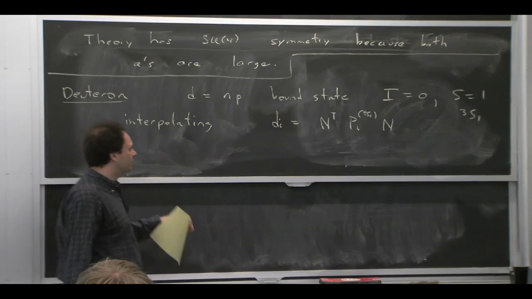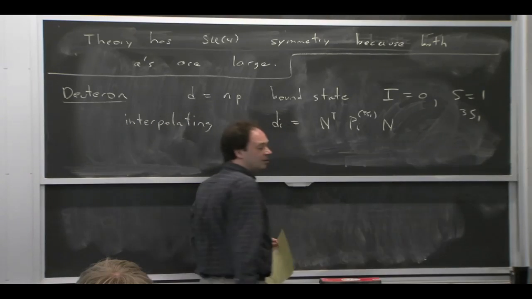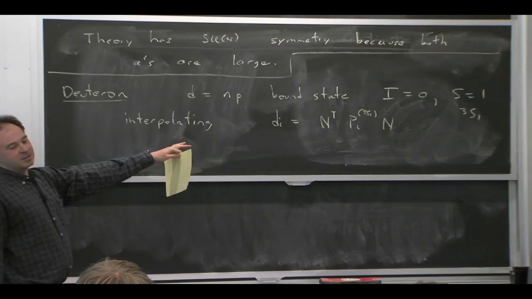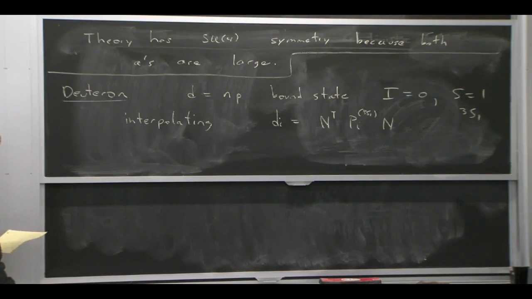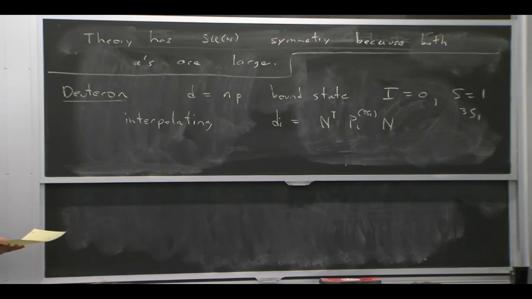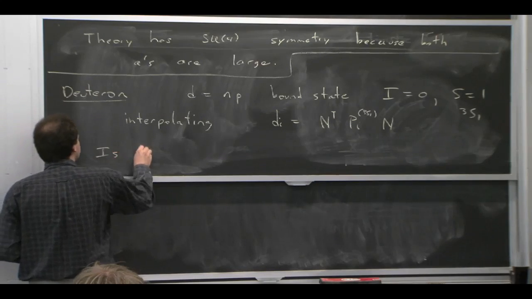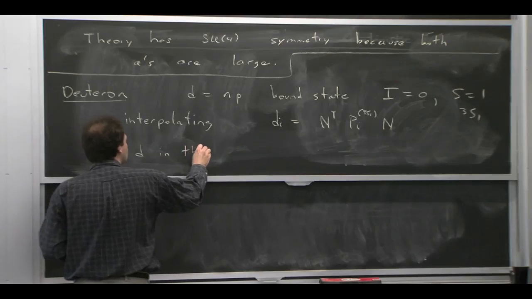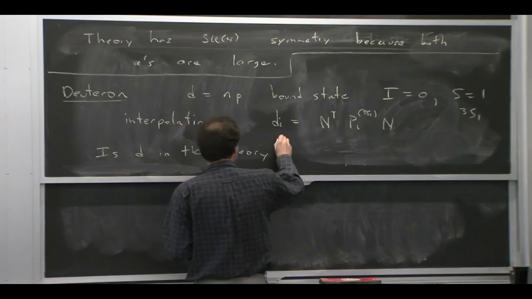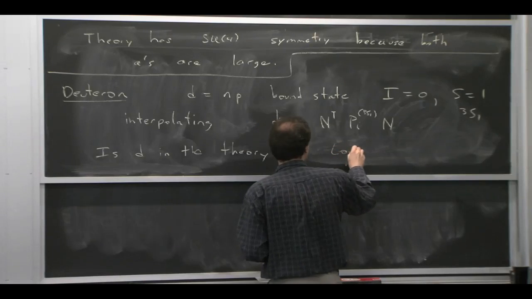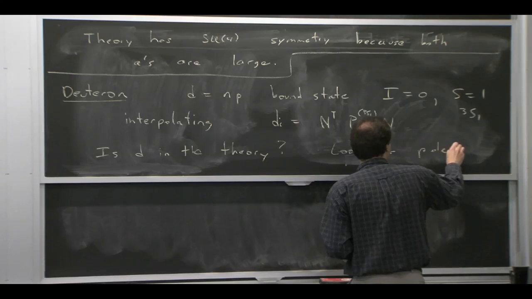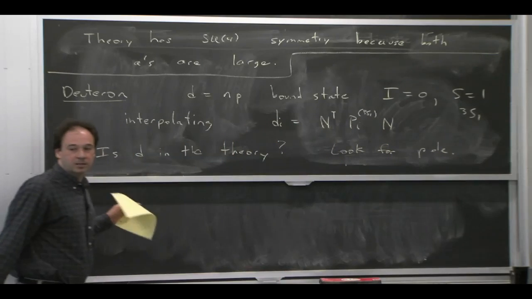Lattice QCD people like to tune what they write down in order to improve the overlap with the state. But for our purposes, the simplest possible thing will be enough. And then you can ask the question, is the deuteron in the theory? And to answer that question, you can just look for the pole that would correspond to that state. And the advantage of this theory is that we can just look for that pole analytically.